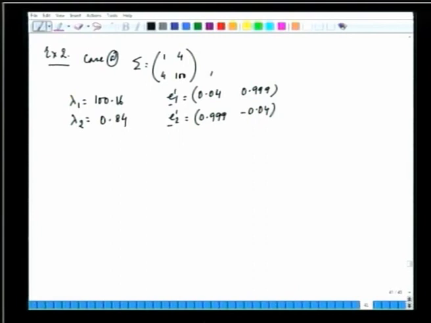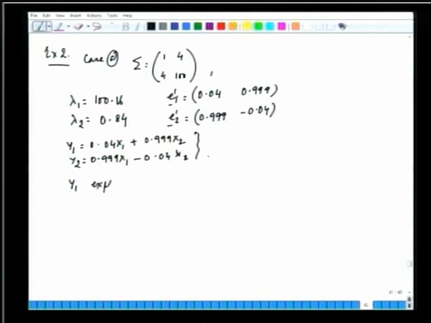Then I consider y1 and y2. y1 is nothing but E1 prime x, which is 0.04 x1 plus 0.999 x2. E2 is 0.999 x1, just the reverse relationship, with the negative sign here, minus 0.04 x2. So, then y1 explains how much of the total variability?